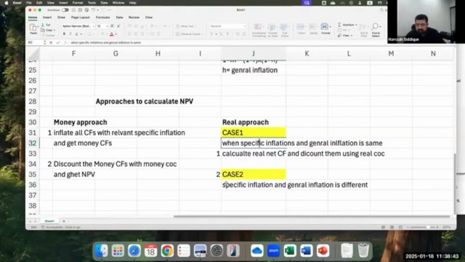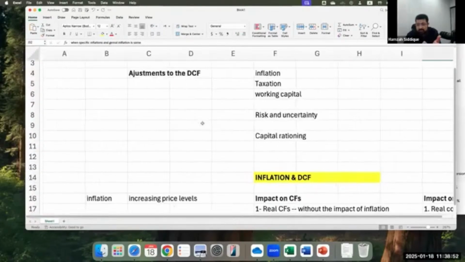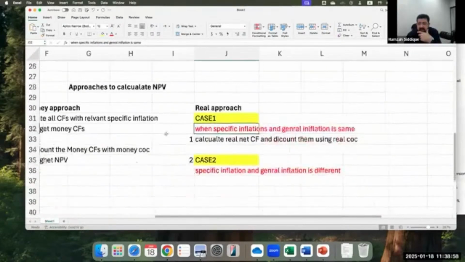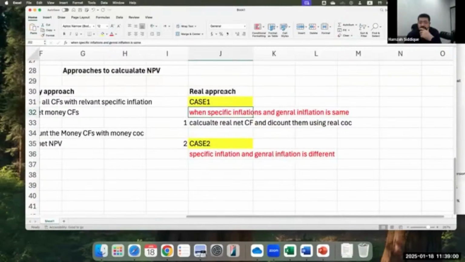Yes, they're not the same. General inflation is 6%, just like that. We discussed. General inflation is 6%, others are different. And they say calculate NPV using real approach. Then what do we do?